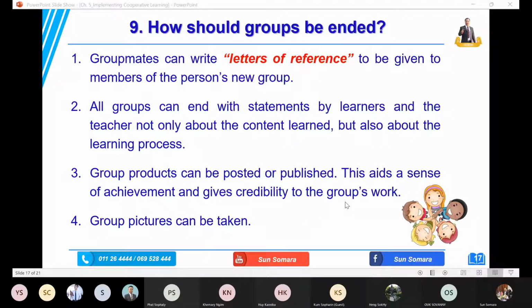The other part is the benefit not only for the students, but for the teachers themselves as well. They have a chance to learn what they should apply for the next group activity, and so on. That is a benefit, if you can do so.